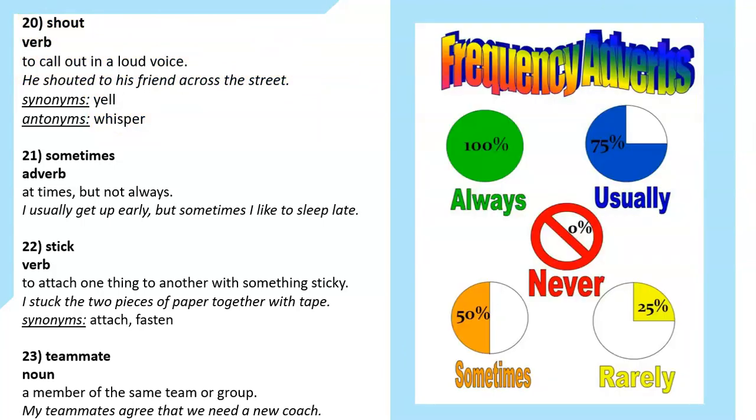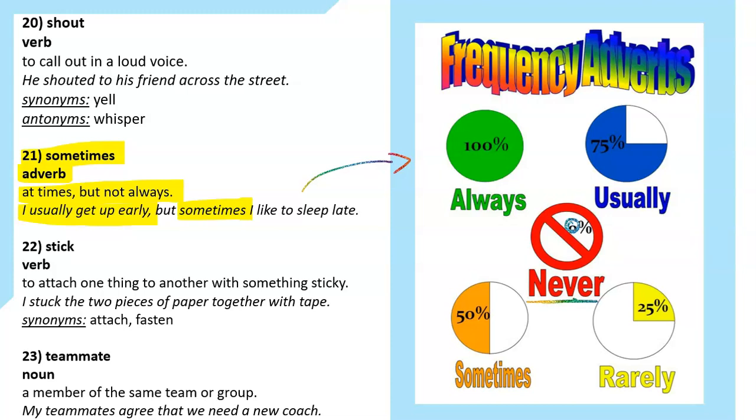Our next word is sometimes. Sometimes is an adverb and it means at times but not always. For example, I usually get up early, but sometimes I like to sleep late. And you can look over here to see how the words are different. Of course, never is just a zero, something that never happens.